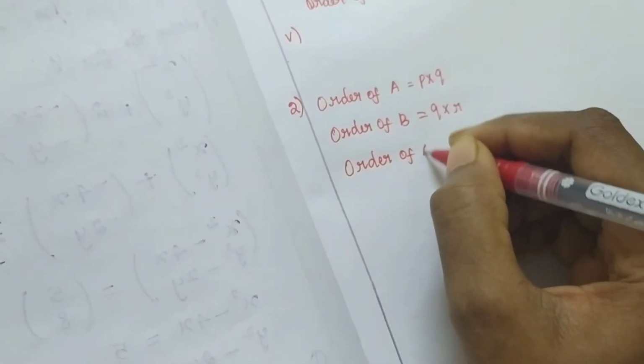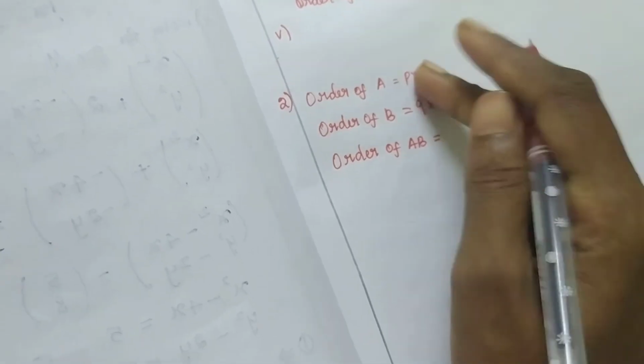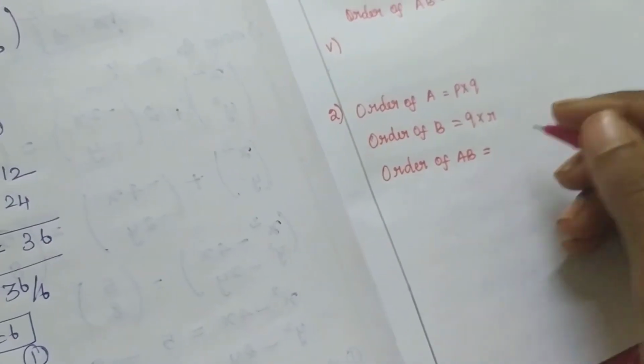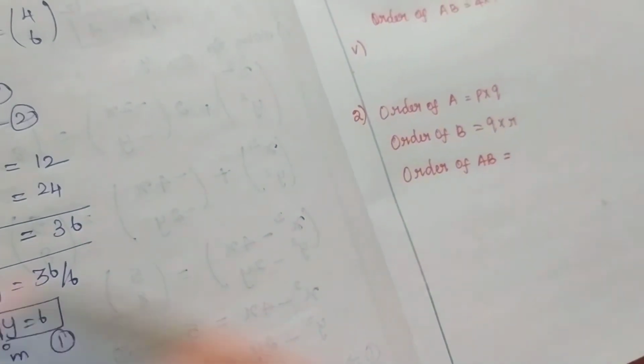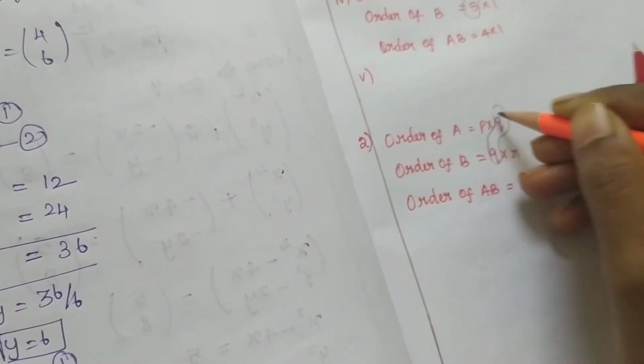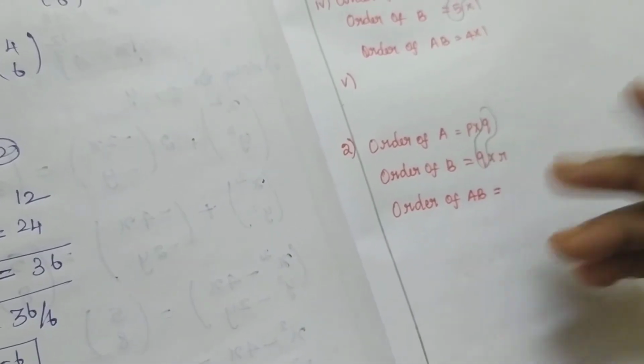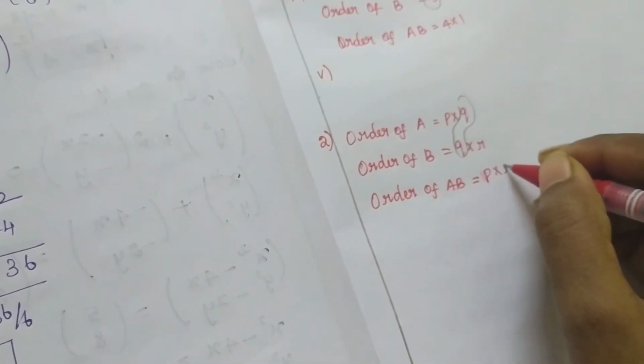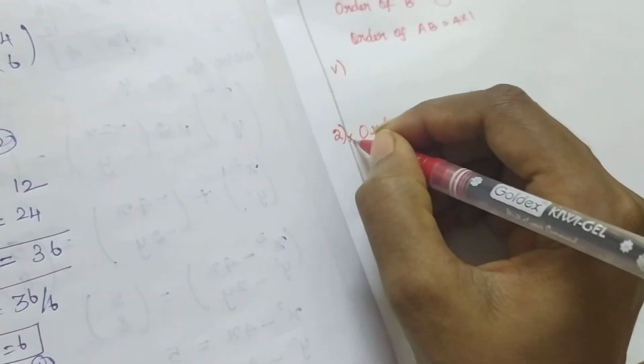Order of AB is equal to, you can directly write, right? In this format, what I am having? P cross R.